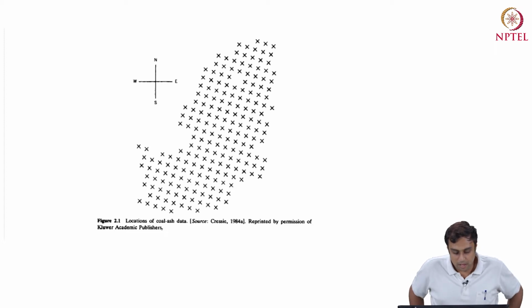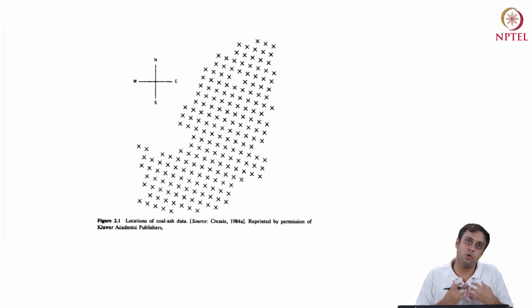The example that I'm going to use to introduce exploratory spatial data analysis is adapted from the book written by Noel A. Cressie, a 1993 publication. It is also a reference book for this course.